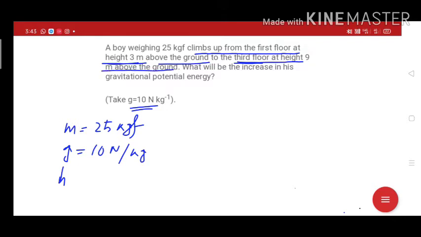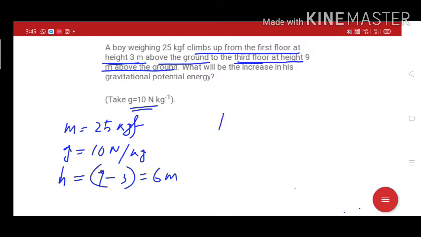That means the displacement of the body, that means the height, is actually from 3 meter to 9 meter. That means it displaces about just 9 minus 3, 6 meter. From 3 meter it goes to the 9 meter. Actually it has been raised, the boy actually climbs only for 6 meter.